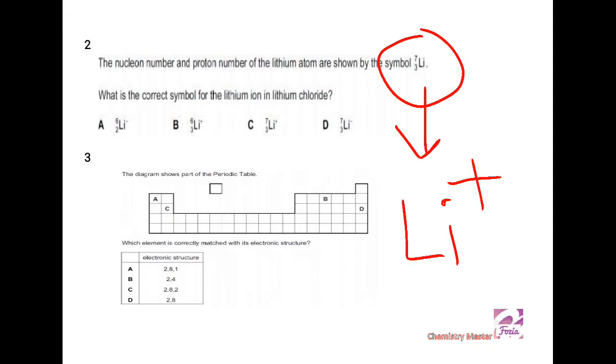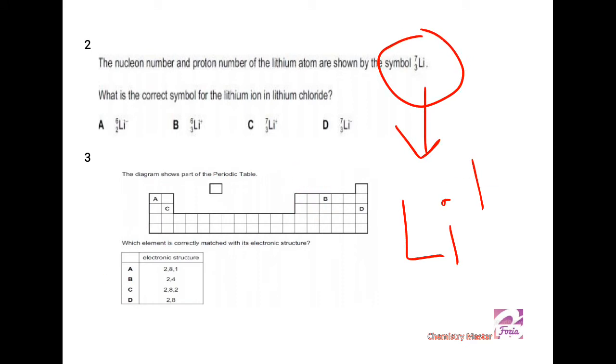For option B, 2, 4: 2 shells means the second period, and 4 means 4 electrons in the outermost shell. So when we see the group number, it is 1, 2, 3, 4, 5. So again, it is not correct.